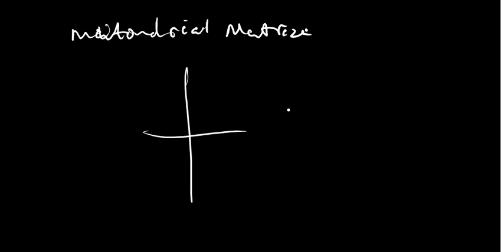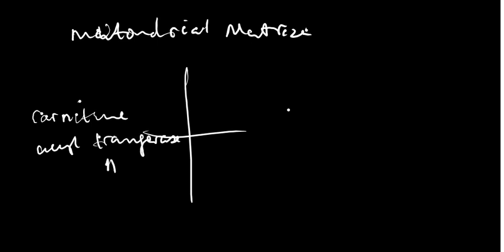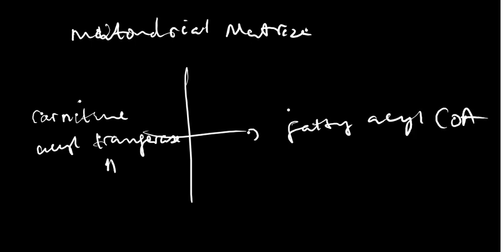This is what's happening. Okay, maybe let me write it down. We have what we call carnitine acyl transferase 2. So this is the one that transfers the fatty acyl group back to coenzyme A, and this recreates the fatty acyl CoA molecule. All right.